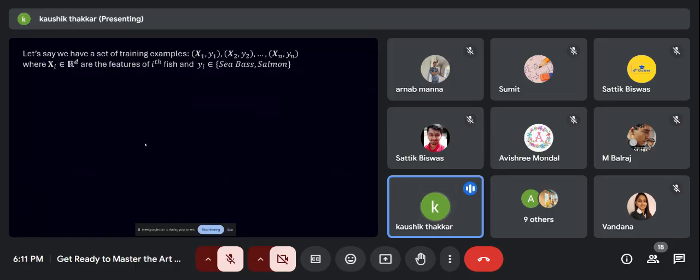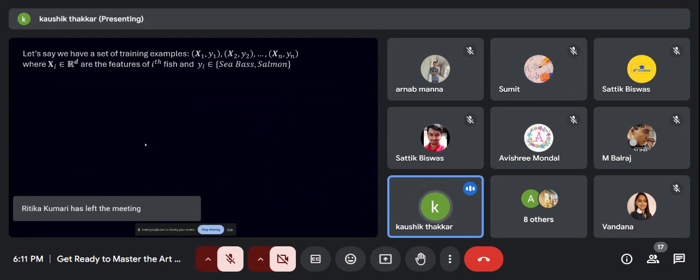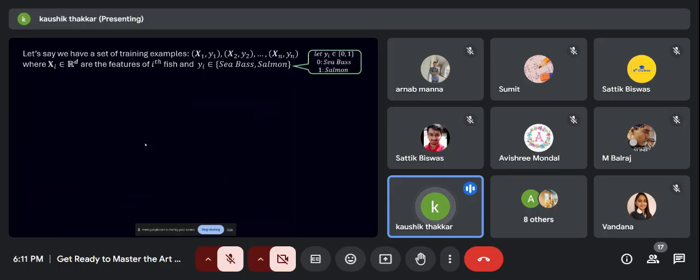So these Xi's that you see is basically a d-dimensional feature vector, which is a list of numbers that we are getting from the feature extractor. And Yi's is basically the label of the ith fish, right? So yi is basically a sea bass or a salmon. But since we are designing algorithms that would use maths, let's not keep it categorical.